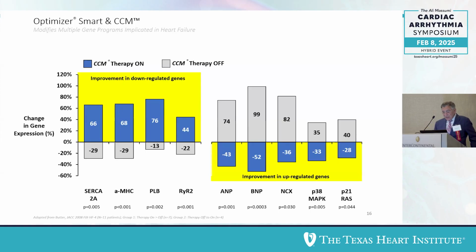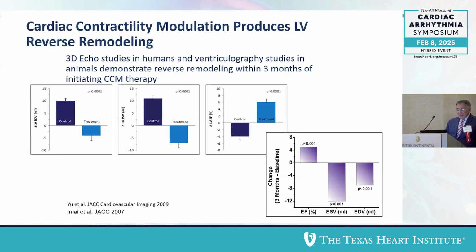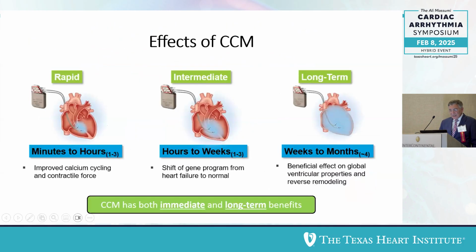Then later on, it goes to the next phase, and this has been shown with 3D echo in patients and also ventriculography in animals. We are increasing the EF, decreasing the end systolic volume, increasing EF about 5 to 6%, and end diastolic volume is decreasing. So this is reverse remodeling.